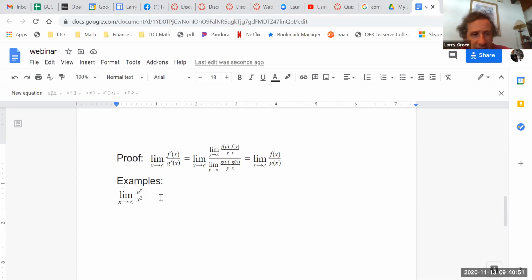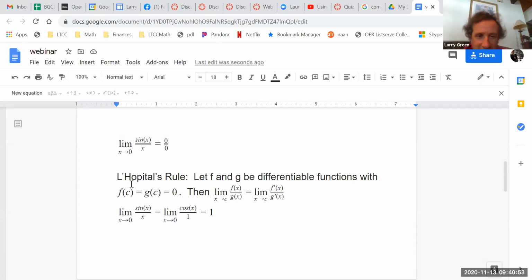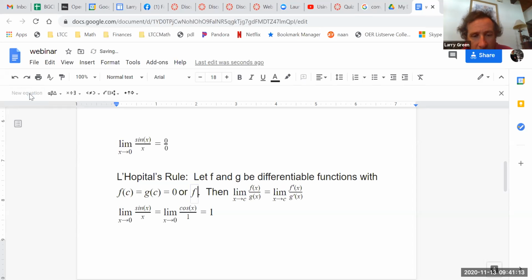So now I'm just going to tell you that we can change this f of c equals g of c equals 0, and I can write or f of c equals g of c equals infinity.